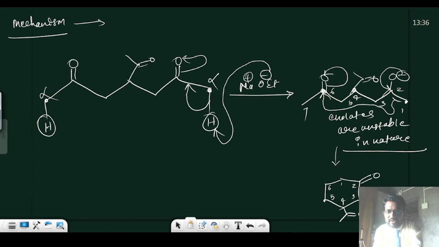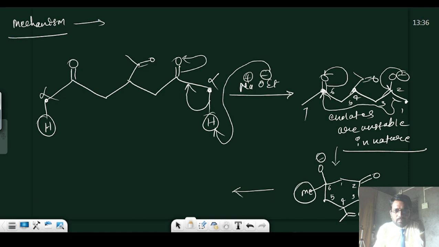Okay, the attack takes place on this sixth carbon. Here O minus and a methyl system is present. So this is our substrate.